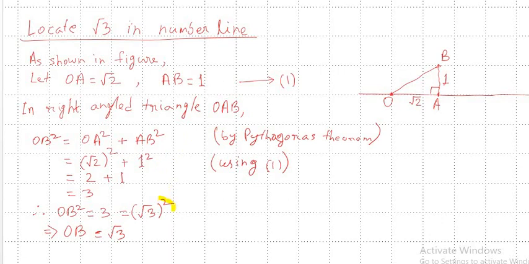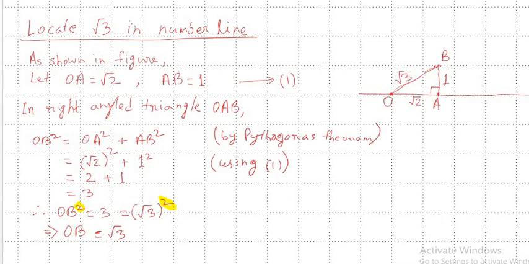This square and this square get cancelled and what is left is only OB and root 3. So we got the measurement of OB as root 3.